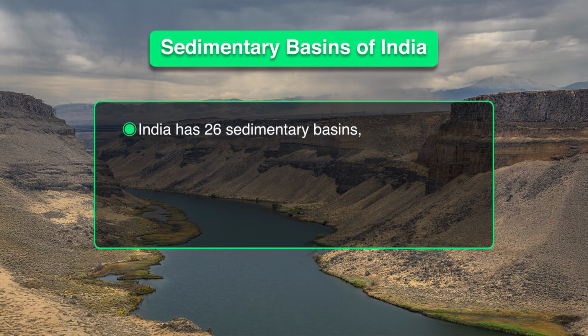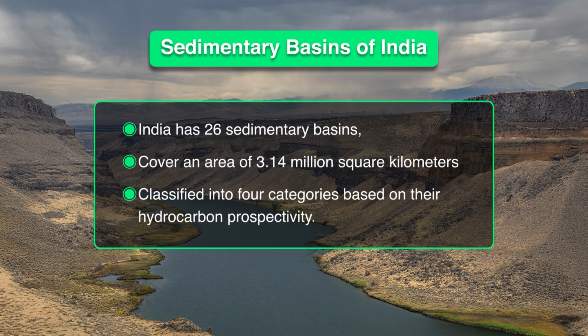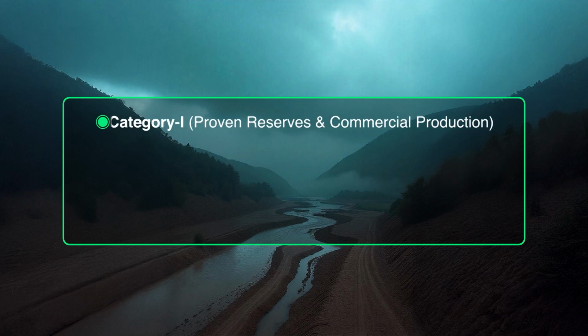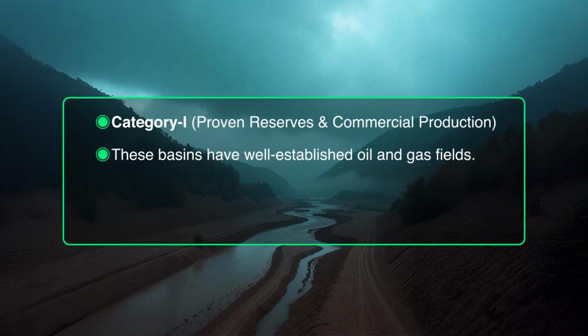India has 26 sedimentary basins that cover an area of about 3.14 million square kilometers, and as we have learned earlier, they are classified into 4 categories based on their hydrocarbon prospectivity. So, under category 1, it is the proven reserves and commercial production, and these basins have well-established oil and gas fields.